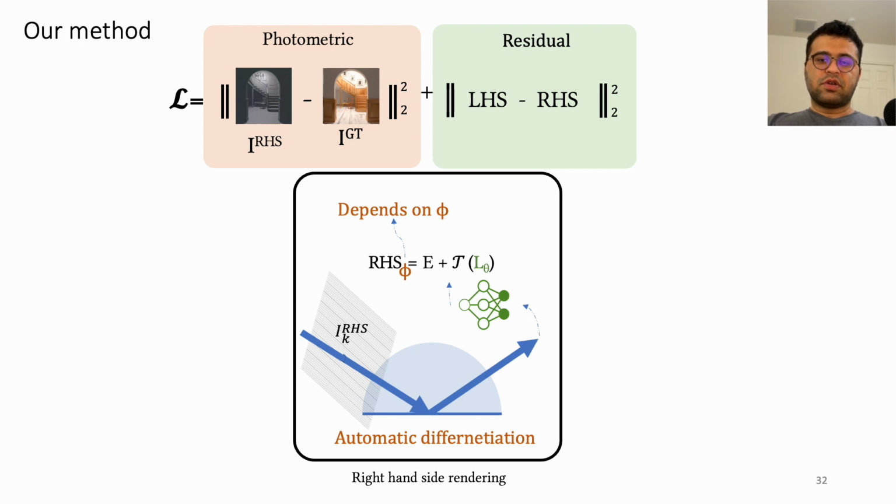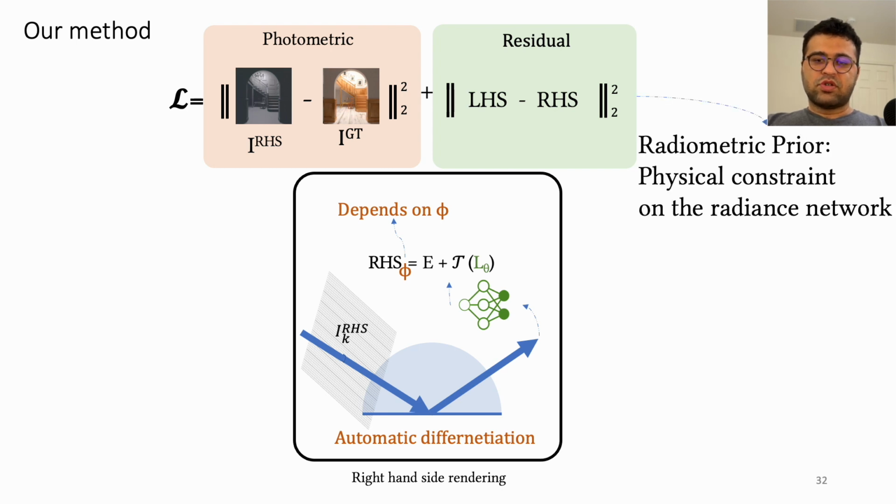There we go. Here we see the essence of our method. In addition to the photometric loss, we add up the residual term as a radiometric prior that imposes a physical constraint on the radiance cache. And we train the radiance cache and the scene parameters simultaneously end to end.